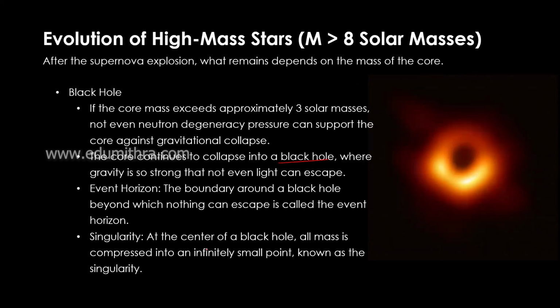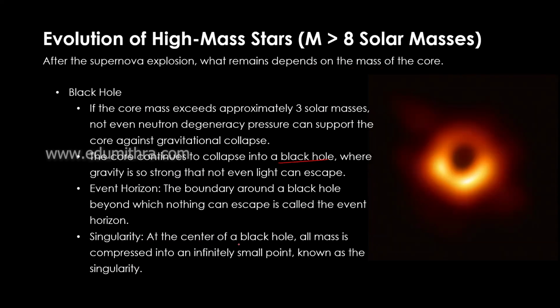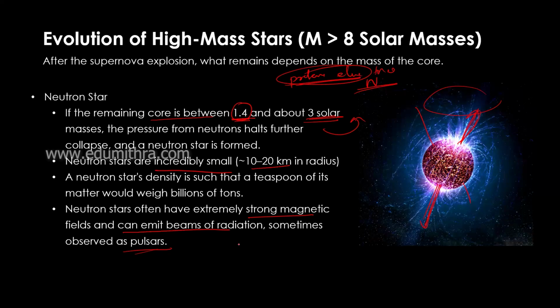So that is the final stage of a star. Well, we cannot say it is the final stage; I will summarize it later, then it will be clear. So either the high mass star becomes a neutron star, or if it is even more massive, it becomes a black hole. So the end stage of a massive star is either a neutron star or a black hole.